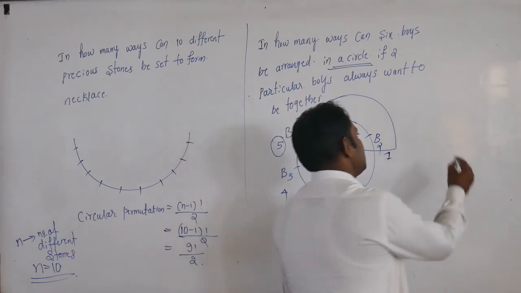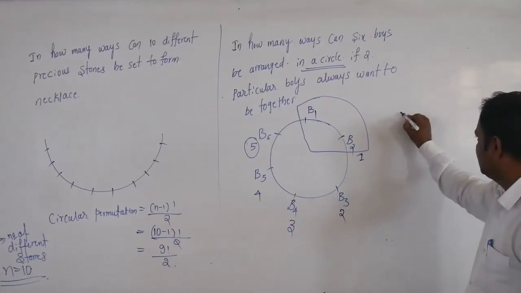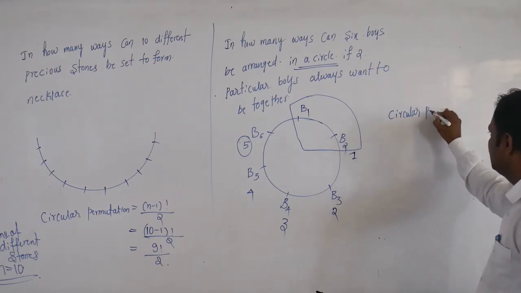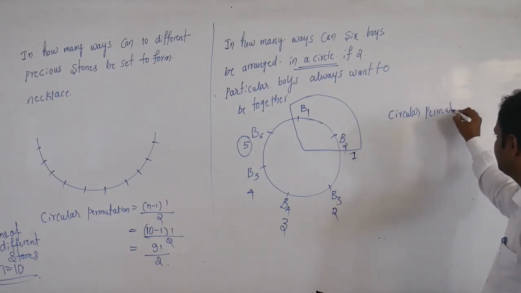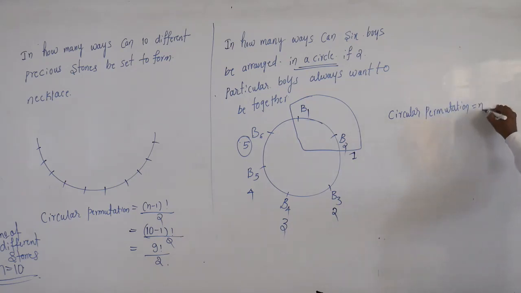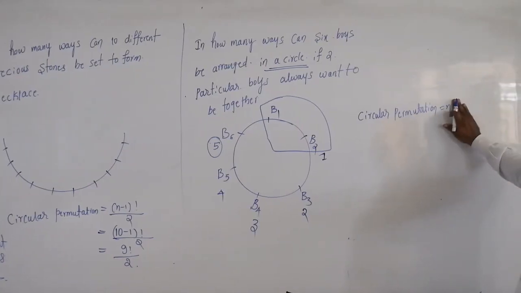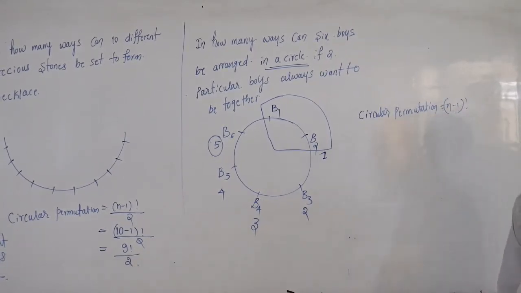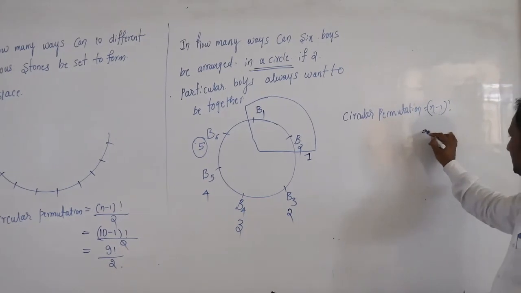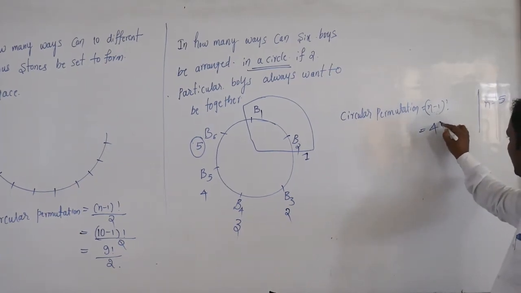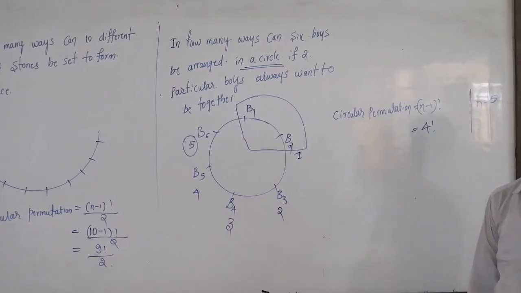We know the formula: circular permutation is equal to n minus 1 factorial. Here n is equal to 5, so 4 factorial is our answer.